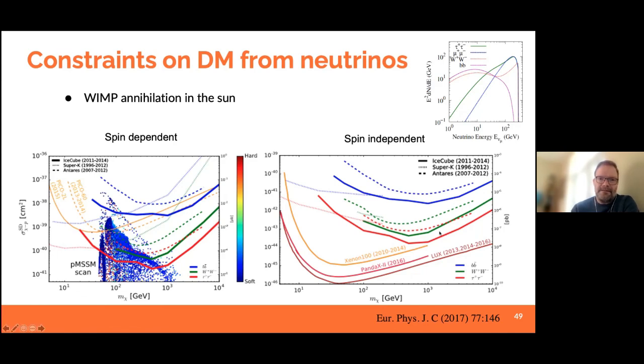If you look at a spin independent projection, you see that the liquid xenon experiments here have a better sensitivity. Again, these projections depend on the velocity distribution of the dark matter that you assume.